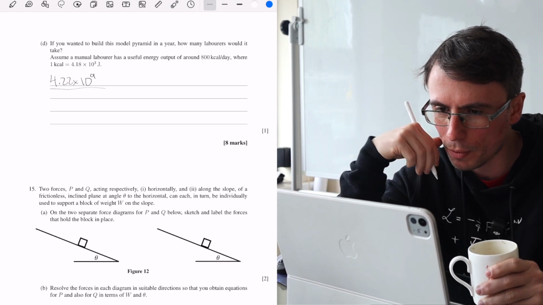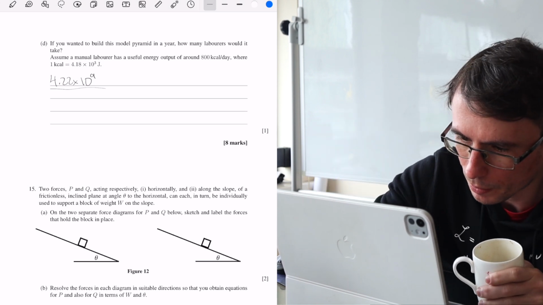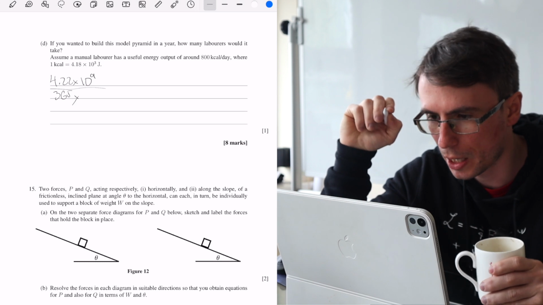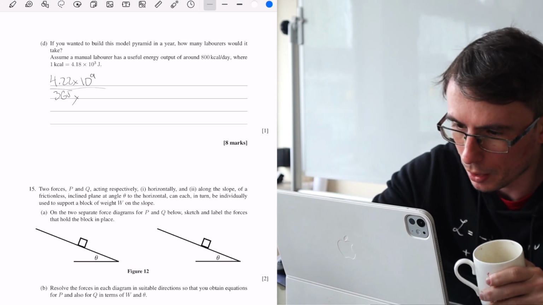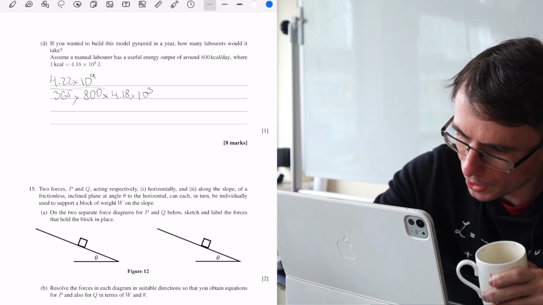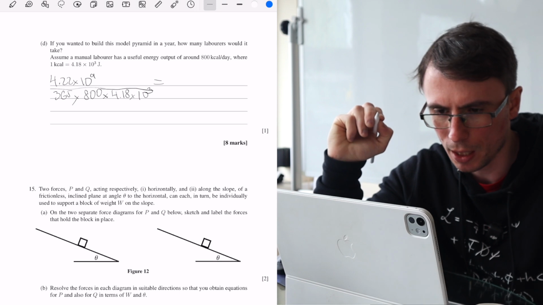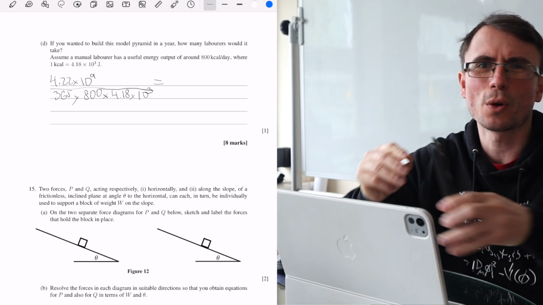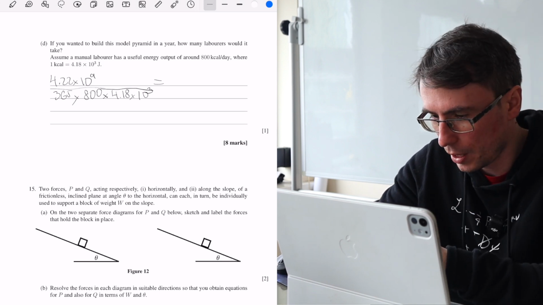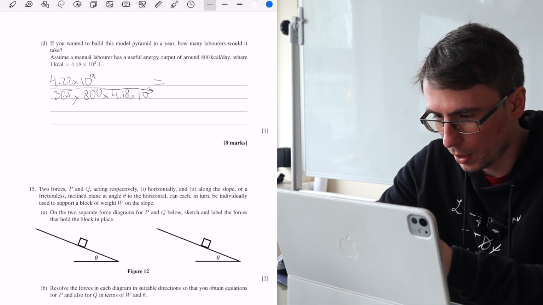Then we probably want to divide this by 365 multiplied by 800 times 4.18 times 10 to the power of 3, like so. That's of course assuming that you work 365 days a year, which is definitely not going to be it.